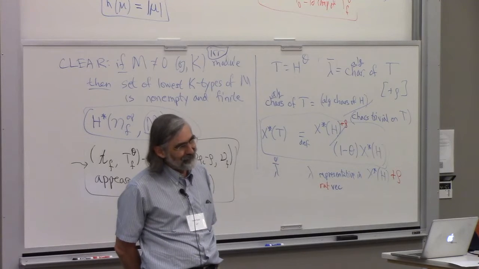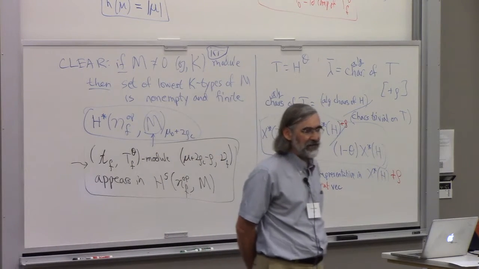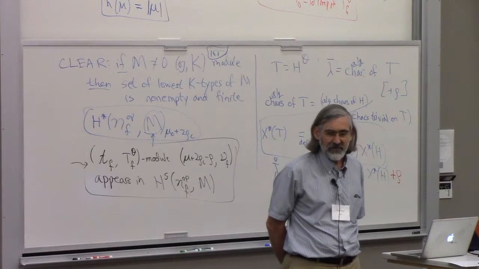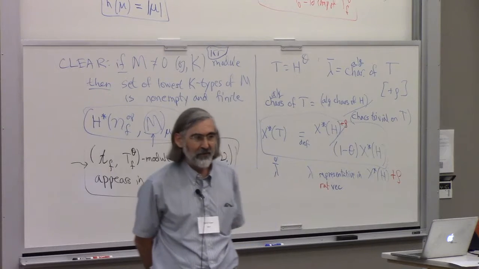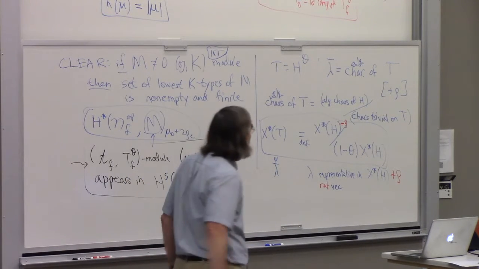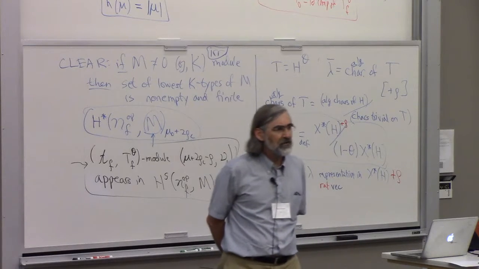I think maybe that's a mistake. I think what I'm going to do for the next 15 minutes is what I was supposed to do for the whole lecture today, just to start talking about Hermitian forms. But are there questions about what I've done so far?